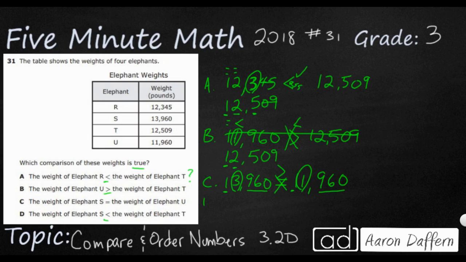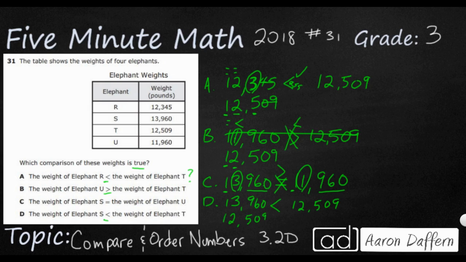Let's finish this off by looking at D, making sure that is incorrect. We have the weight of elephant S. That's going to be 13,960, and they say is less than elephant T, 12,509. Once again, let's write them vertically so we can easily compare.